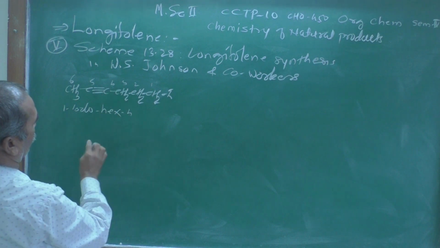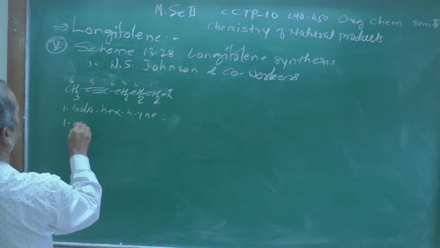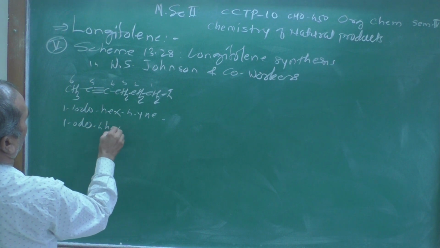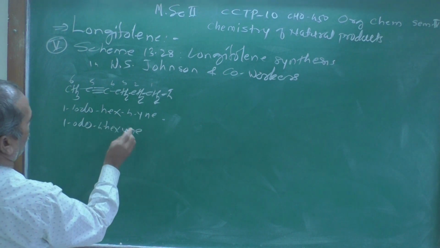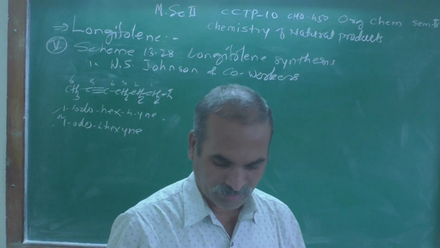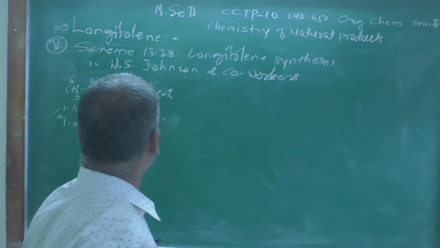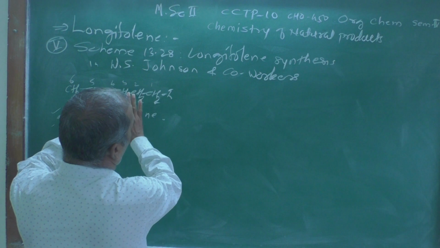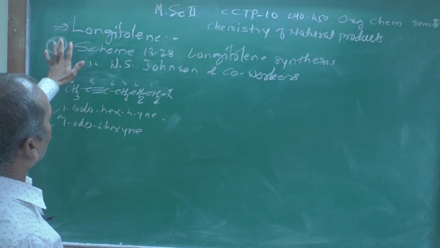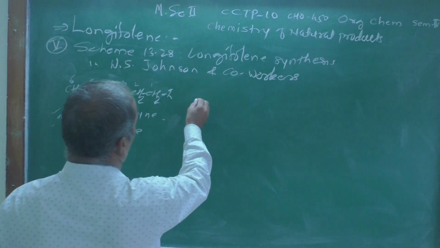At the 4 position there is the carbon-carbon triple bond, so we can call it 1-iodo-4-hexyne. Whether you give the name this way or that way, both are ways to give the IUPAC name of this compound. This is our target, and this is our starting material or the precursor taken for the synthesis of Longifolene, the fifth way or the fifth method.